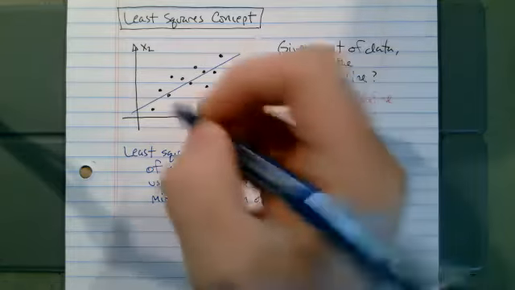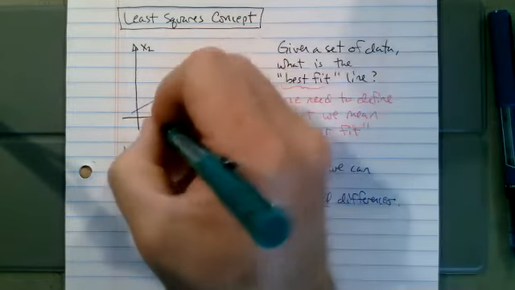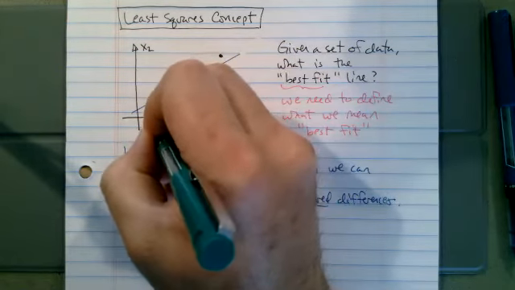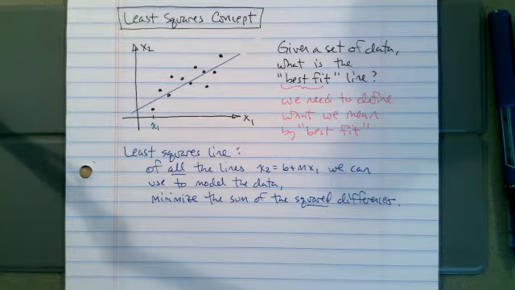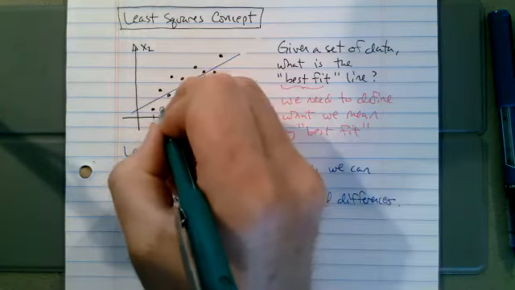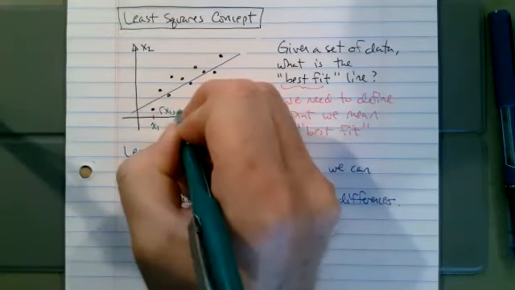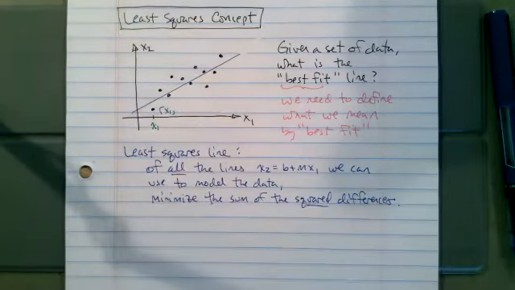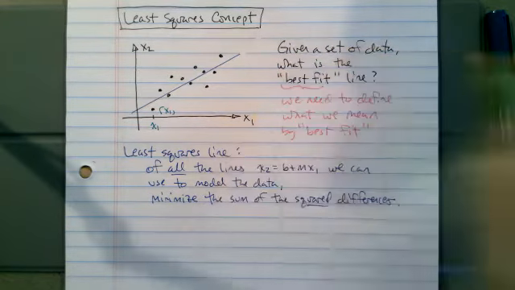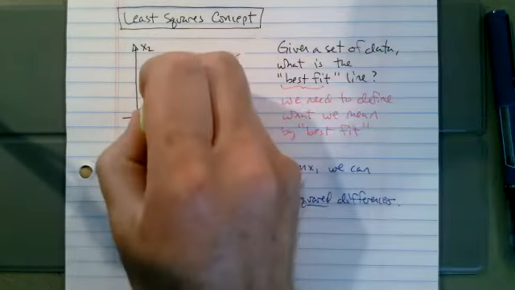So for a particular value, say here at x1, there's an actual value. Oh, I shouldn't use x1. Oh, x1 is fine. Oh no, I used x1. Bollocks.